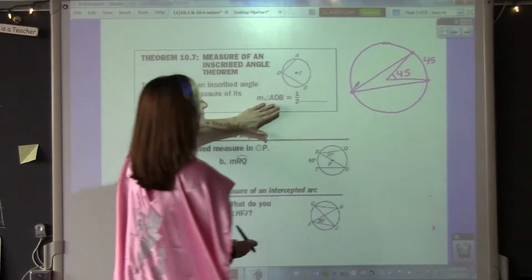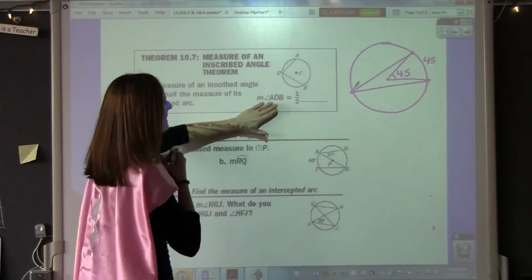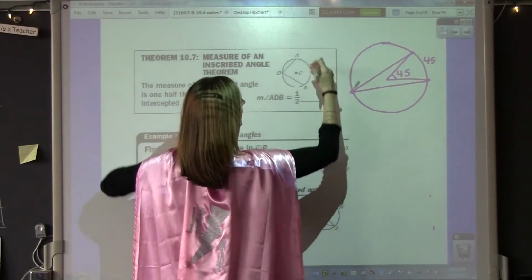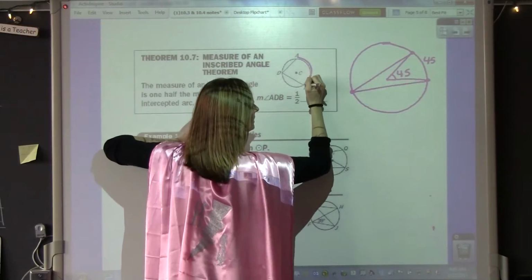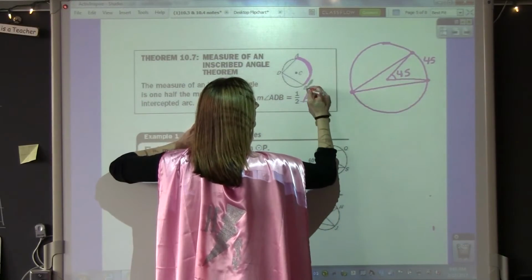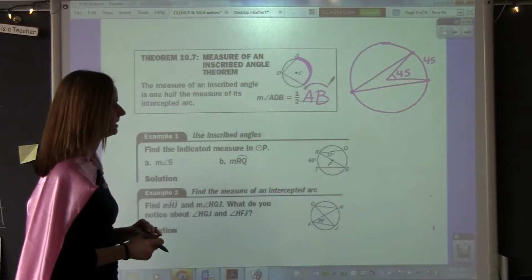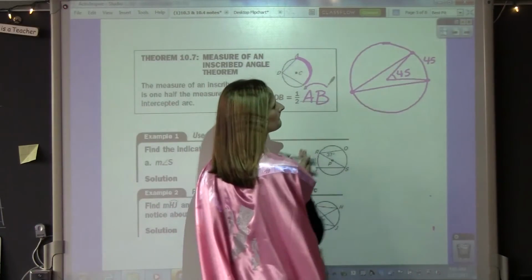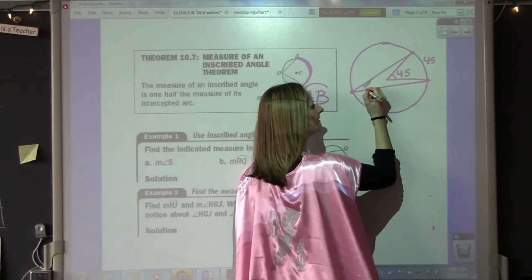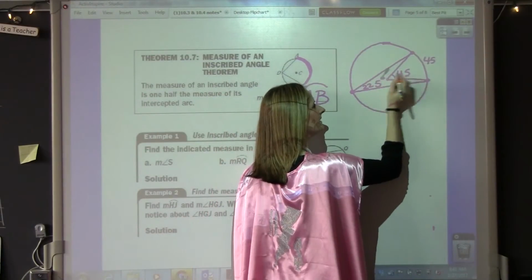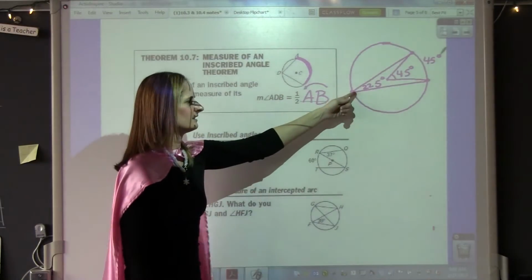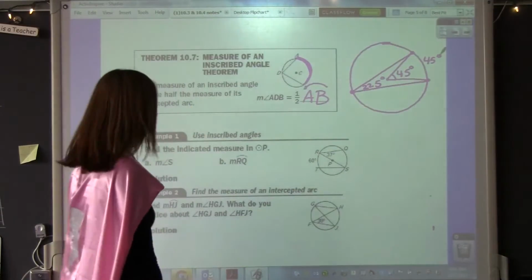So that's the relationship we're learning right now. So the measure of angle ADB is equal to 1/2 of this arc. So 1/2 the measure. So what would the measure of this angle be? Exactly. Okay, and you can tell, look at it. It looks a lot smaller.